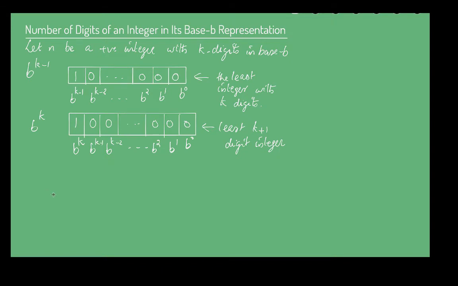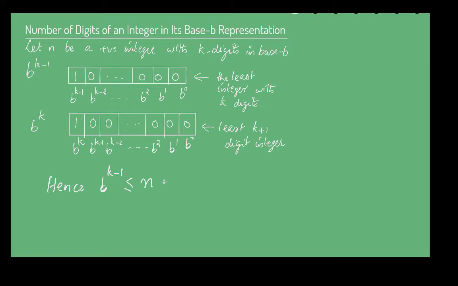Hence, since n is a k digit integer, we can write b raised to k minus 1 will be less than or equal to n, since n has k digits and b raised to k minus 1 is the least k digit integer. So this inequality will definitely be true.